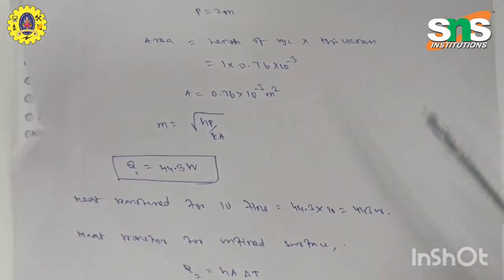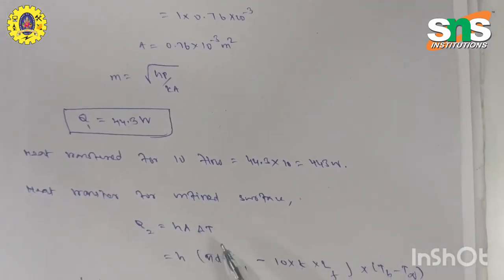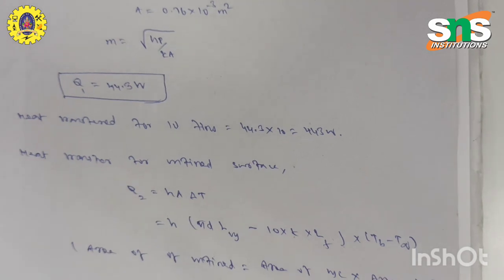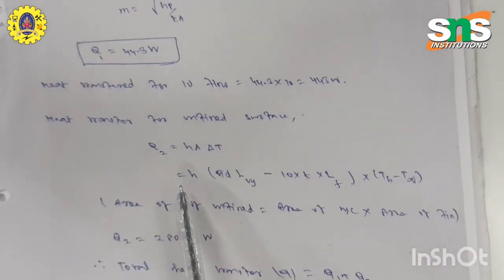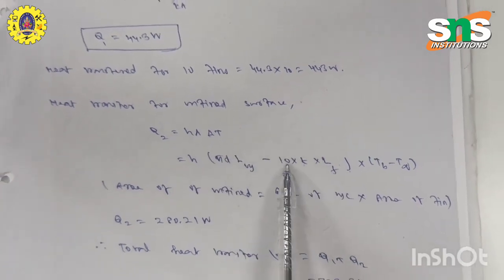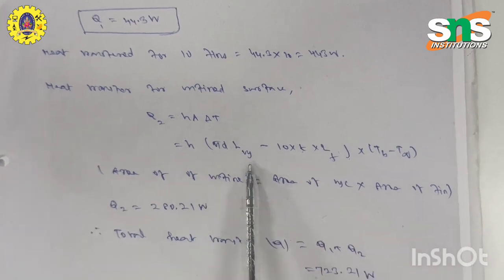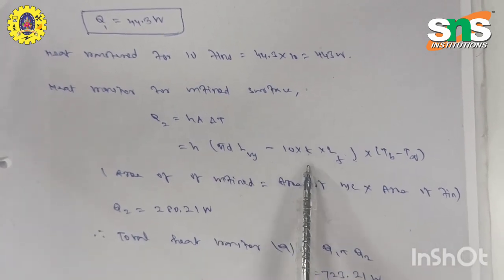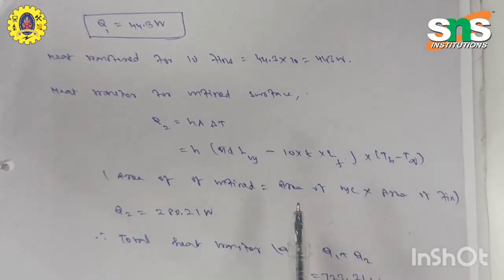And the heat transfer of the unfinned surface, the other area apart from the fins, is equal to hA delta T. So the area is the difference between the cylinder area and the fin area, that is pi d L of the cylinder minus 10 times thickness times the length, times the temperature difference Tb minus T infinity.